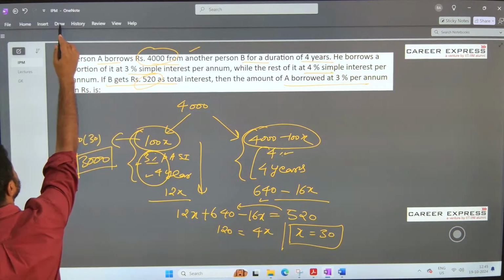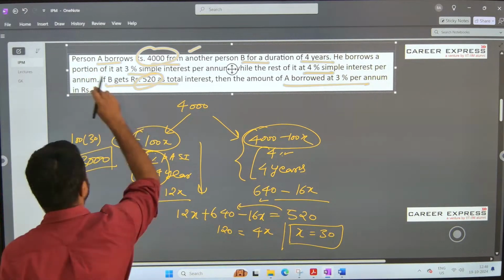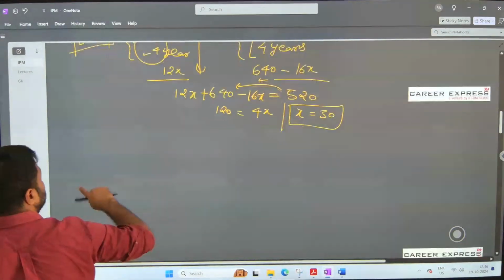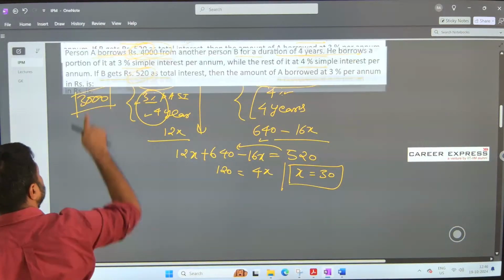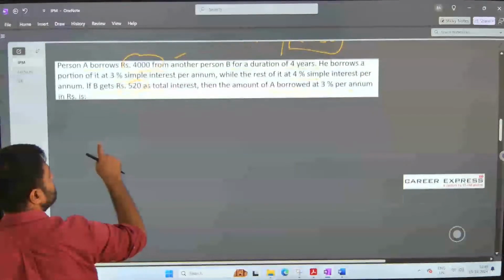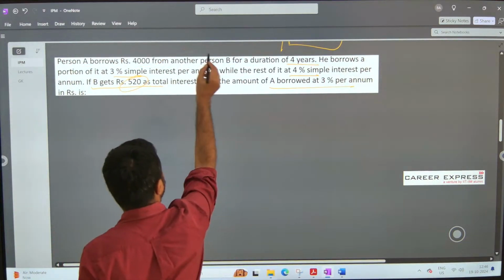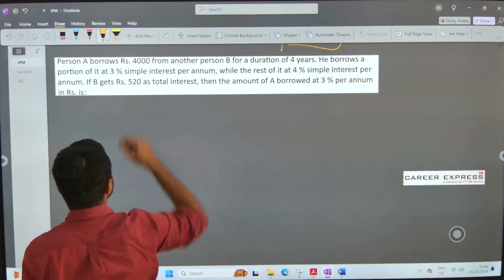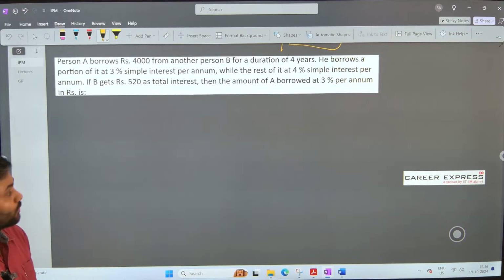So how do we solve this question using allegations?